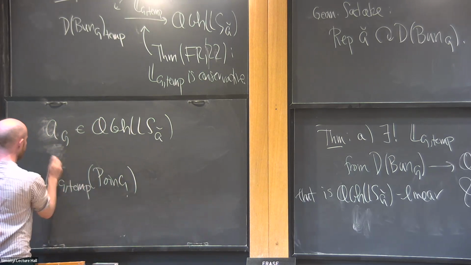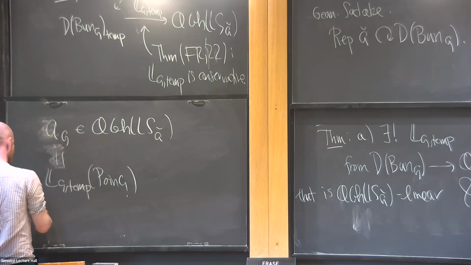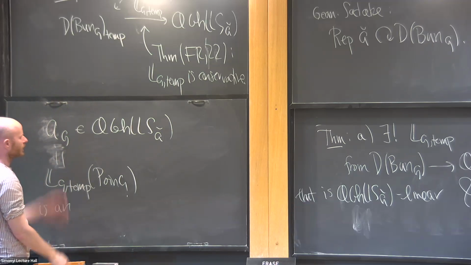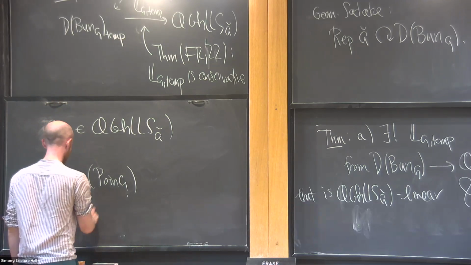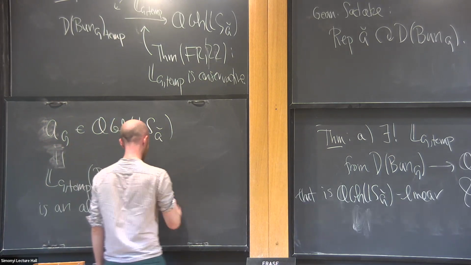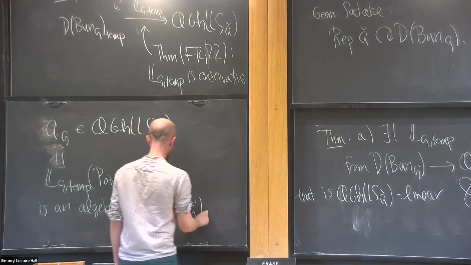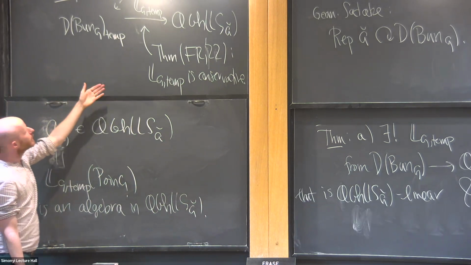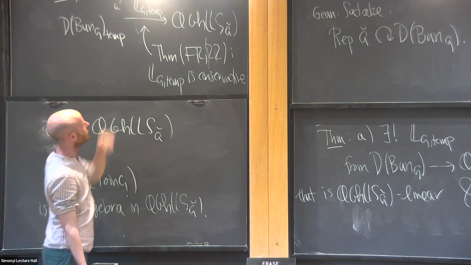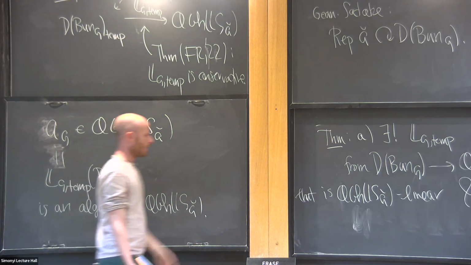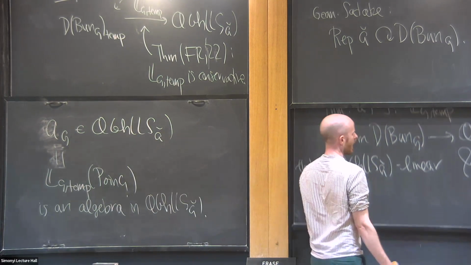So this is the definition. It's actually an algebra, just by general stuff about adjoint functors. And what you're going to get for free from what's called the Barr-Beck theorem is that D-modules on Bun_G temp is going to be equivalent to the category of modules over this A_G. So you should think this A_G controls the multiplicities of Hecke eigensheaves.